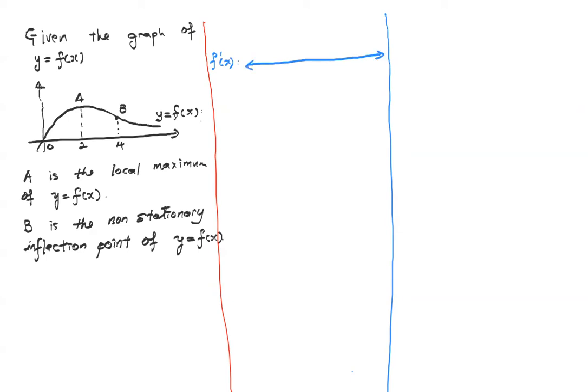So what must I mark on this x-axis? That means, yeah, y2. Okay, y2. Based on, because A is the local maximum of y equal to f(x).